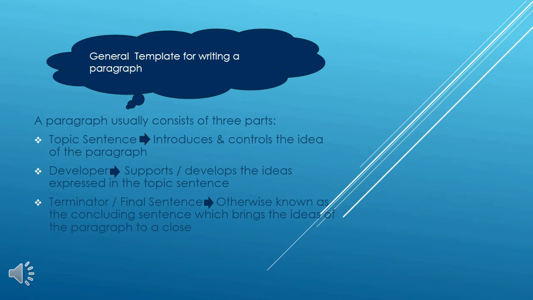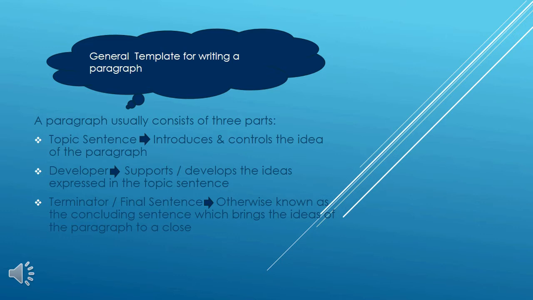The ideas that have been expressed in the topic sentence will be further developed by the developer. Now comes the last point, that is terminator or final sentence or concluding sentence, which brings the ideas of the paragraph to a close. It actually draws the curtain over your paragraph.